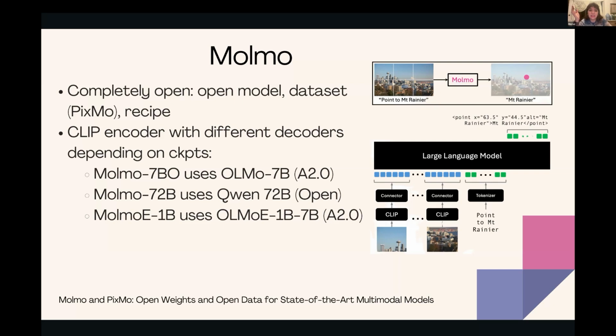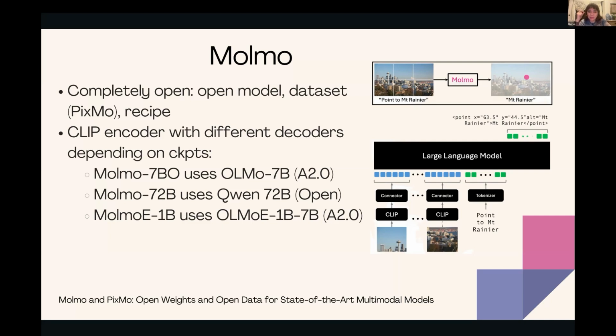there is Molmo 7B-O, which is basically the checkpoint that consists of almost 7B. I think there is another 7B checkpoint, which I don't remember as of now which one it was, but it was completely open as well.